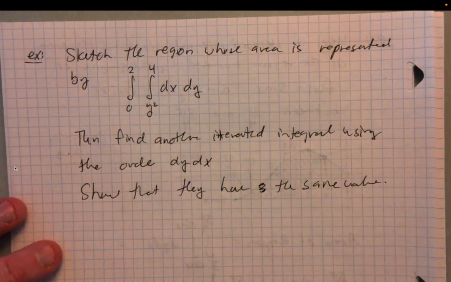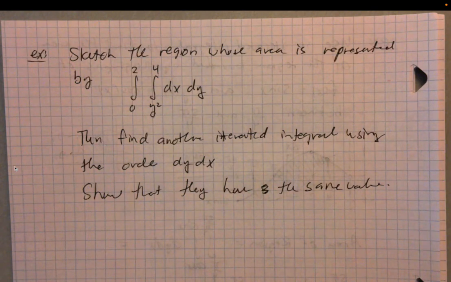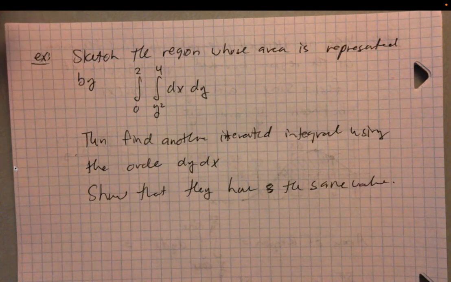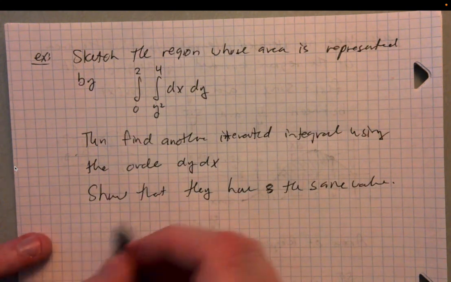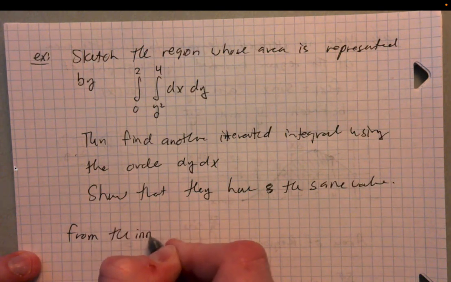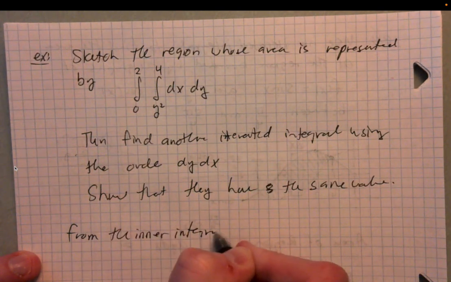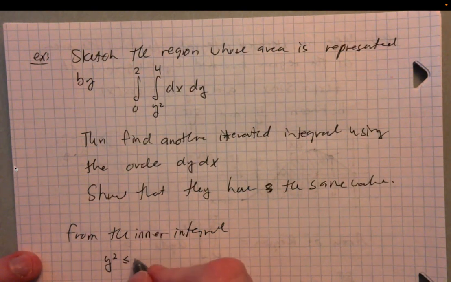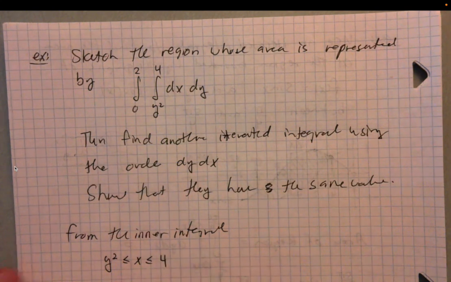Okay. So we're interested in this integral, and just looking at the limits of integration, we can see from the inner integral that y squared is less than or equal to x, which is less than or equal to 4.